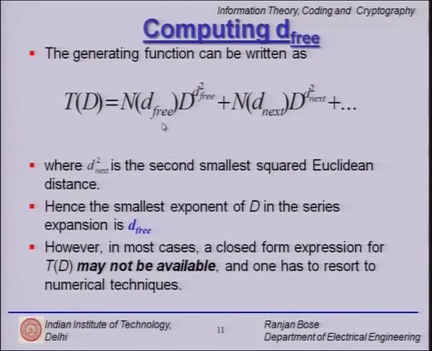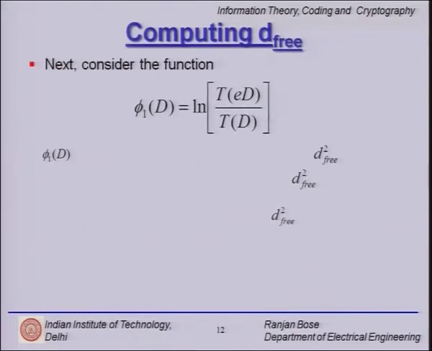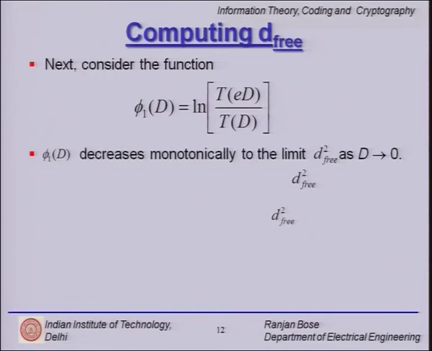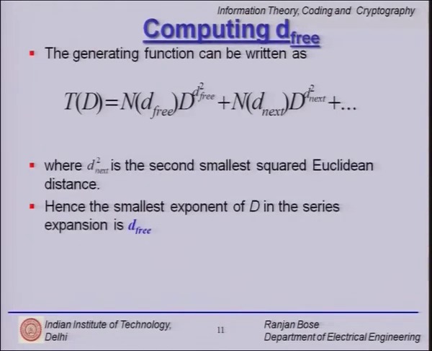So, the smallest exponent of d in the expansion is d free, but we made this point earlier that we may not have a closed form expression all the time, and one has to resort to numerical methods. So, what is this d next exactly? Will it be d free plus 1, then d free plus 2 or something? The question being asked is, what is this d next? Clearly, d free is not an integer this time.